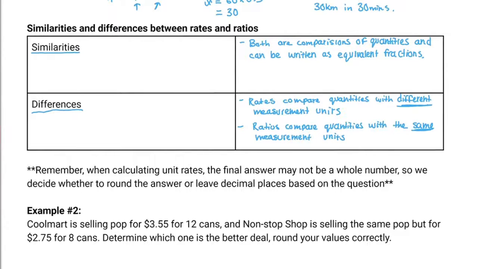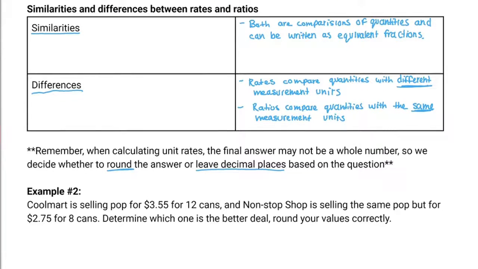So remember when calculating unit rates that the final answer may not always be a whole number. So we need to decide whether to round the answer or leave it in decimal places based on the question. So a common example would be when answering questions regarding price. So let's see how we would go about doing that.